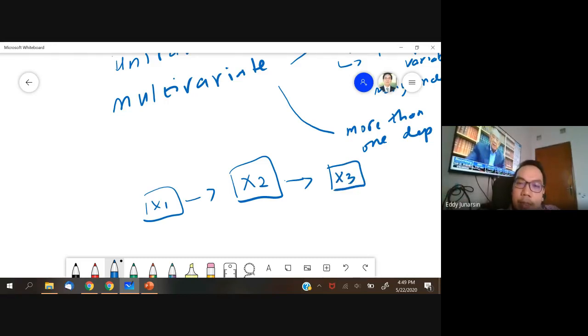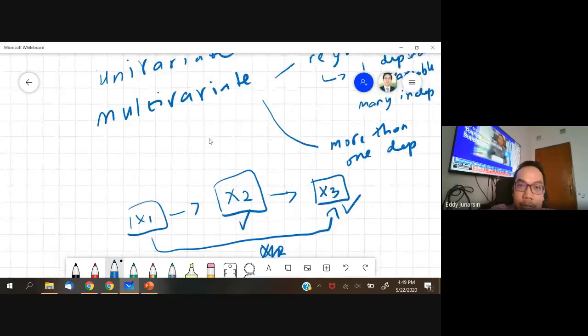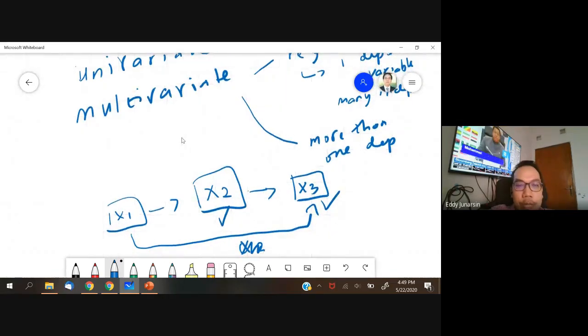But we also suspect that x1 also affects x3. So you see, we have two dependent variables here, right? x2 also functions as a dependent variable, and x3 also functions as a dependent variable. So if this is the case, we cannot use the regression technique, but we have to use other multivariate techniques.